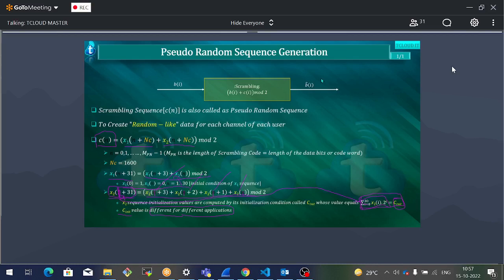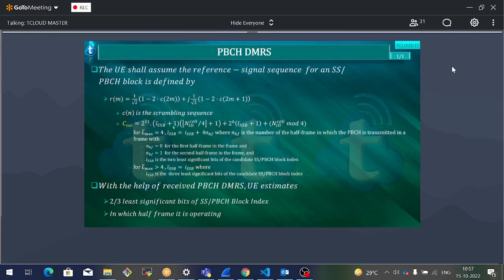Okay, great. Now let us go back to our calculation. What is the C init that is applicable for this channel? Remember, for every channel, to decode the data of the channel, you need the scrambling sequence, because data is scrambled with the scrambling sequence. To calculate it, you need the C init value for that channel.